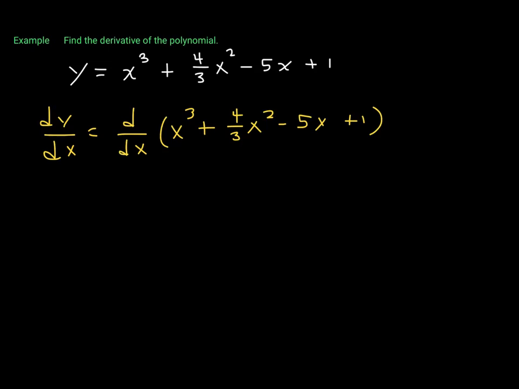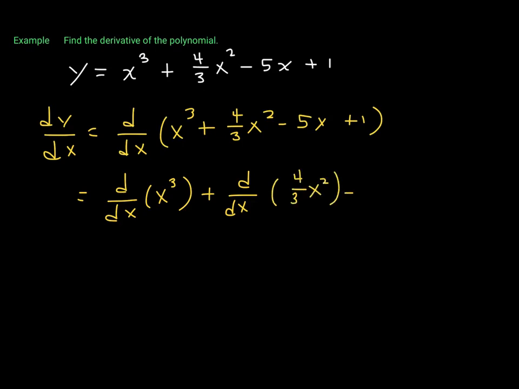In other words, this is equivalent to the derivative of x cubed plus the derivative of 4/3 x squared minus the derivative of 5x plus the derivative of 1.